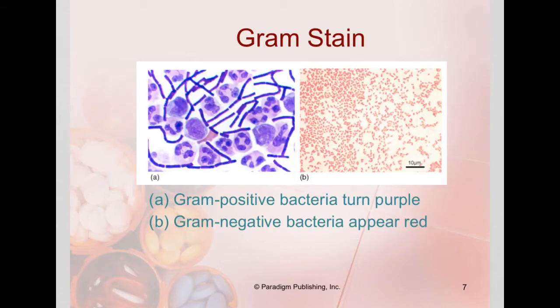This is just a picture of the gram stains. Gram positive bacteria turns purple when they stain it, and gram negative turns red. And bacteria are classified by one, their shape, and two, their gram stain.